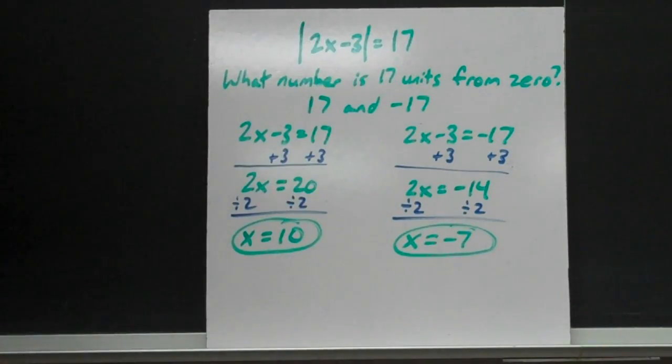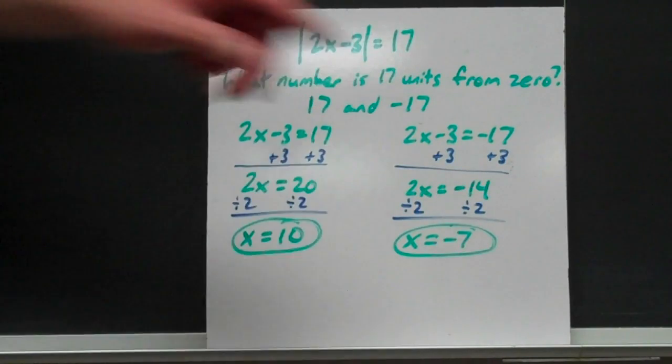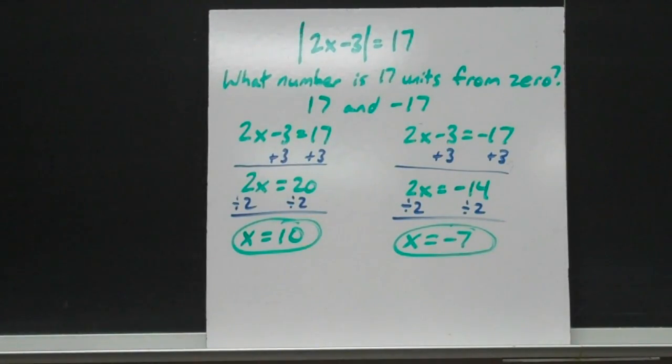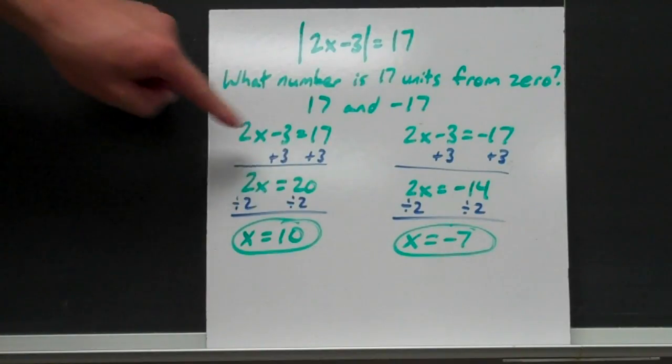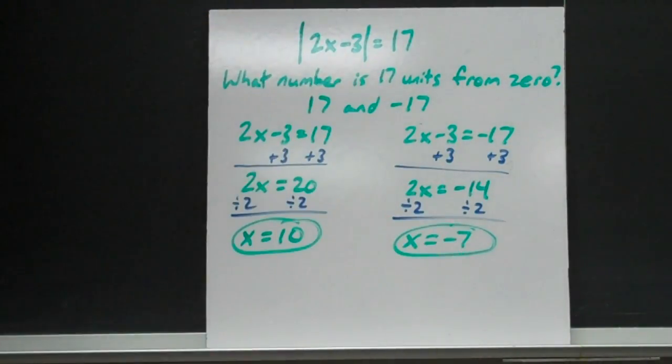The right side is telling us it's going to be 17 units from 0. Well, positive 17 and negative 17 are both 17 units from 0. So we're going to have to write two equations. We know that 2x minus 3 could be positive 17, and we know that 2x minus 3 could be negative 17.